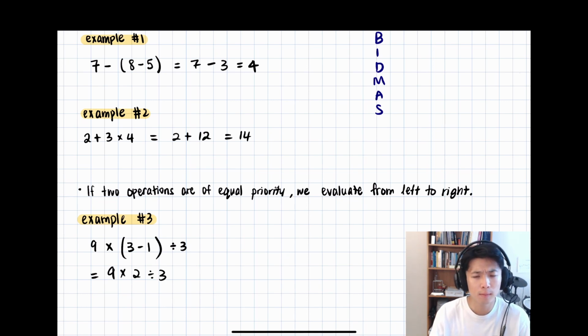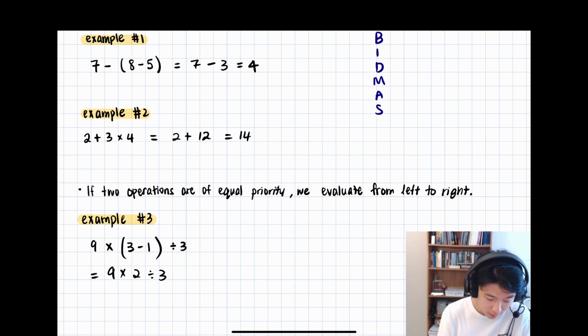Well, now, BIDMAS would tell us to do division first, right? D comes first. However, since there's also multiplication there, D and M, well, they have the same priority, okay? And if we have two operations that have the same priority, well, we actually evaluate the question from left to right.